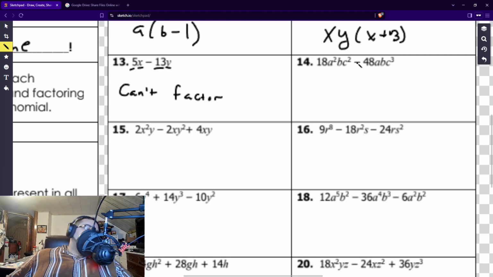18, 48. Now this we can factor. All right. 18, 48. Well, I don't know what specifically, but I do know I can pluck out a 2. But it leaves you with 9 and 24. And, wait. 9 and 24, we can pluck out a 3.